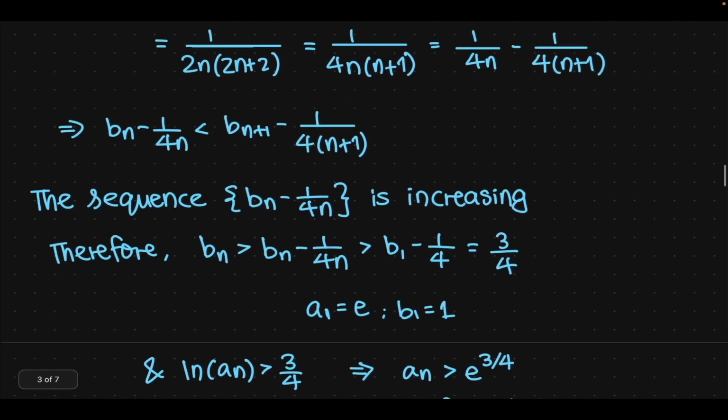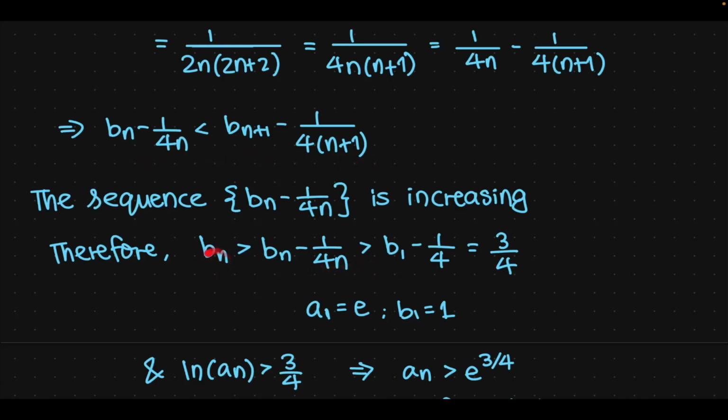So that means the first term, which is b1 minus 1 over 4 for n equals 1, is less than an arbitrary bn minus 1 over 4n, and this first inequality follows from the implication that the sequence is increasing.